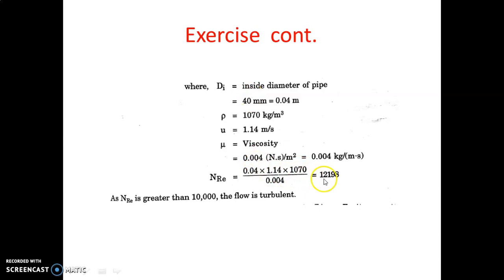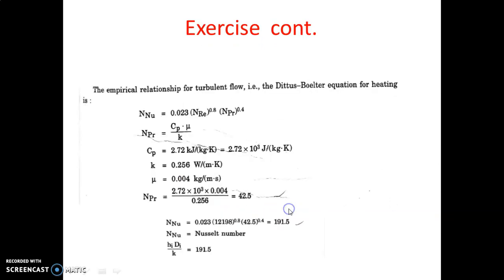So put all these values and we calculate the Reynolds number, which is equal to 12,198. So from this we know that the Reynolds number is higher, so the flow is turbulent. Note that this equation is used when the Reynolds number is greater than 10,000 and the flow is turbulent. Then the relation we have already discussed, the equation called Dittus-Boelter equation, and we are using this for heating.